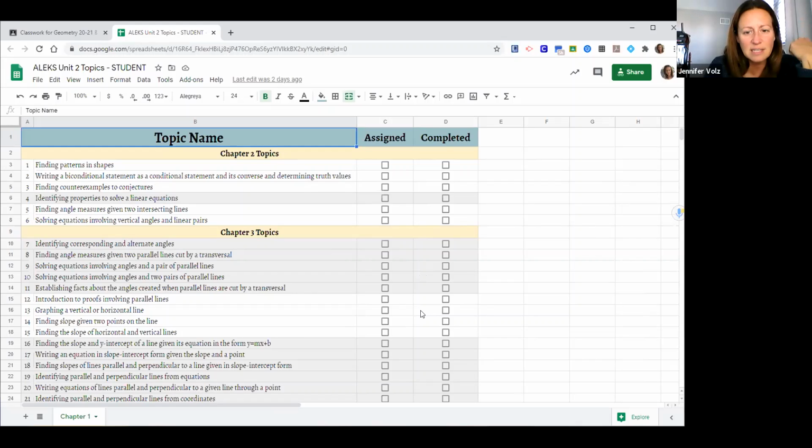Is it still accessing the same document for you, or is it giving you a fresh copy? All right, can you type that in the chat because your voice is breaking up.